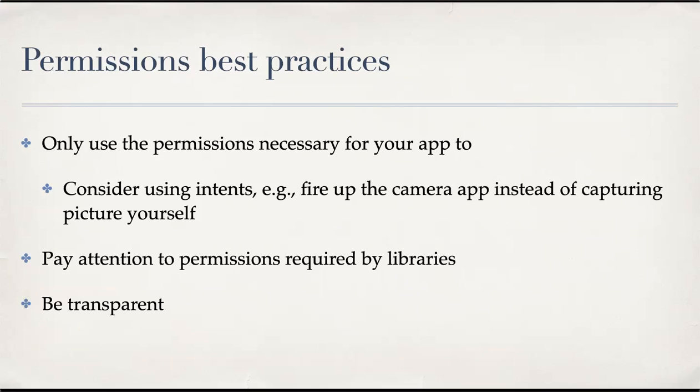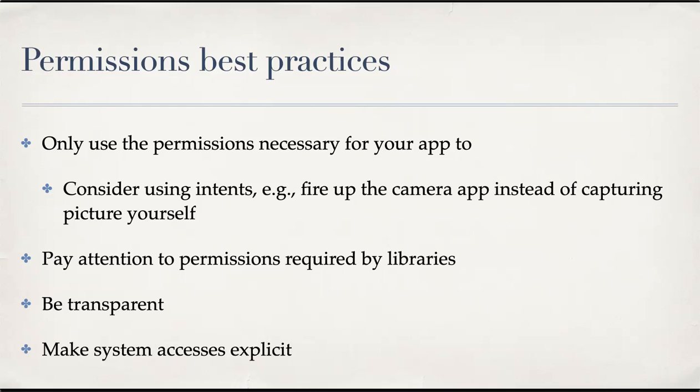Third, be transparent. Always be very clear about why you need those permissions and how you are going to use them, and let the user decide what they want to do. So make this information available alongside the permission request, including install, runtime, or any update permission dialogues. And finally, make the system access very explicit.